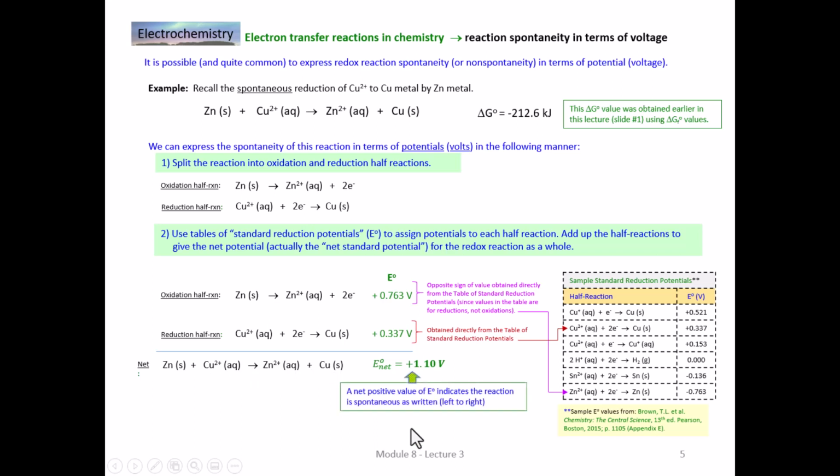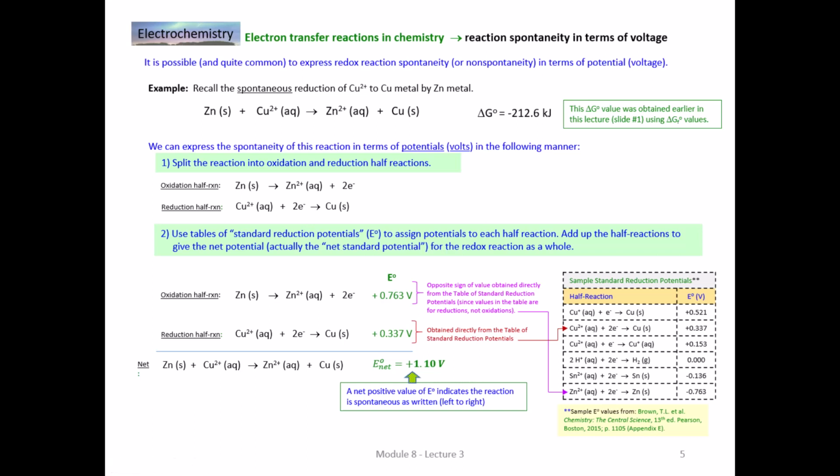Now a net positive value of the standard potential indicates that the reaction is spontaneous as written from left to right. You say, why does a positive value indicate spontaneity? Good question. I'm just telling you at this point that it does. You'll see this a little bit more soon.